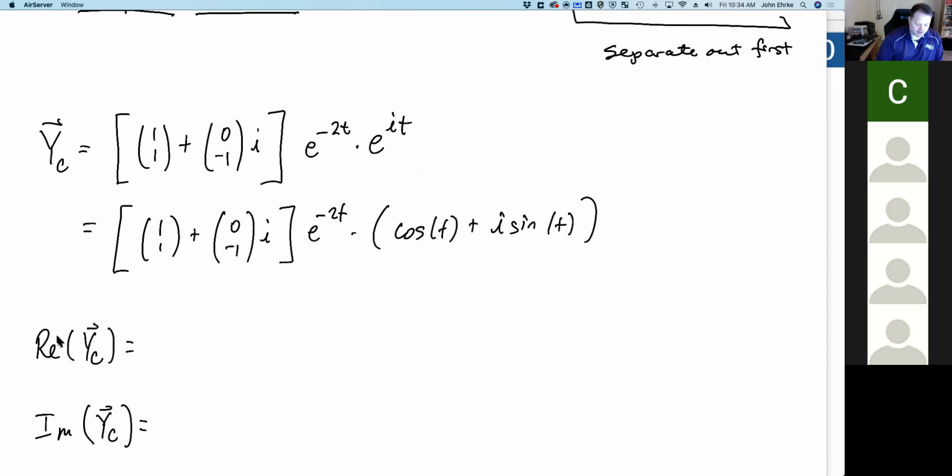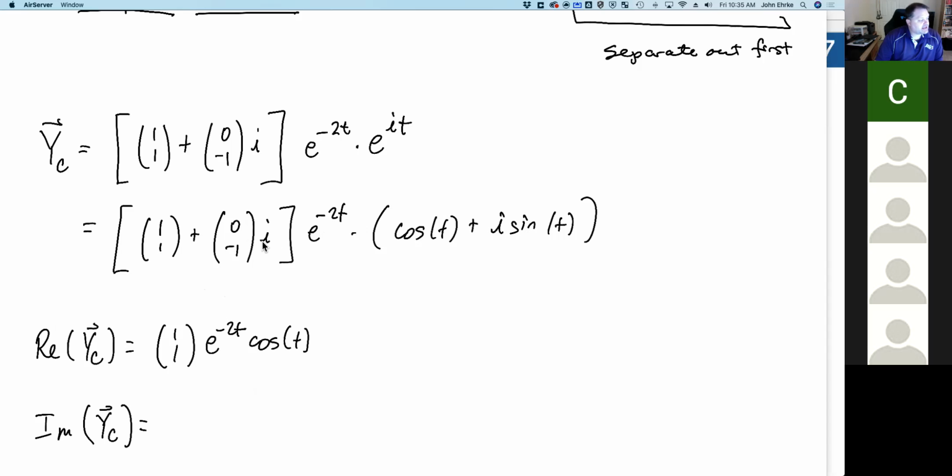So the real vector here consists of 1, 1 times e to the minus 2t times cosine t. You can see that if you multiply this by this by this, that's all real. But similarly, if I take the imaginary vector 0, negative 1 and multiply it by the sine term, i times i is negative 1, that ends up being a real quantity.